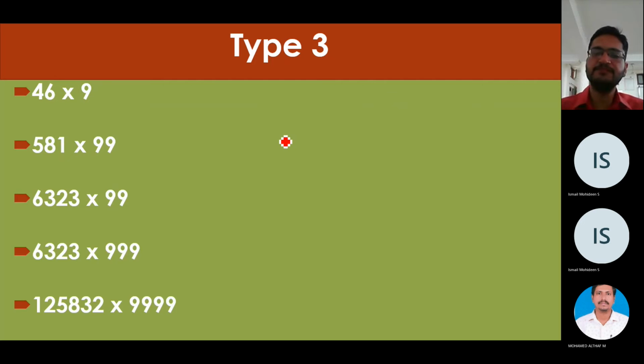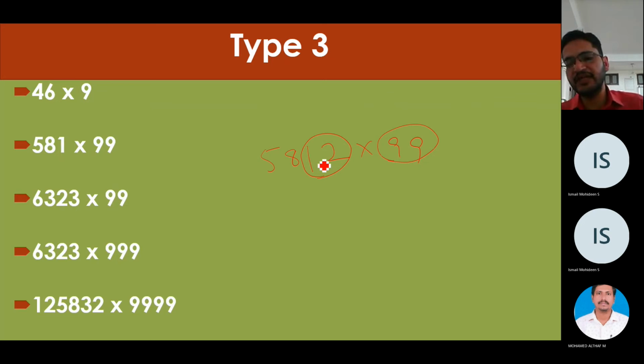One more example. If we are to multiply 5812 with 2 nines. Here we have 2 nines. So I make a pair of 2 numbers here starting from right. Now I will add 1 in this number. So it is 59.